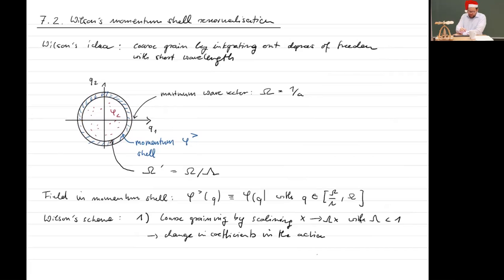And then we can formally describe our fields as phi, for example, the component given by the short wavelength plus the component given by the longer wavelength. And we integrate out the slow wave vectors and the fast wave vectors. And then we integrate out these fast wave vectors at each step.